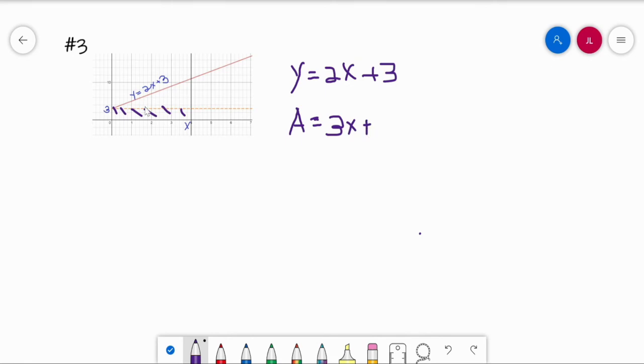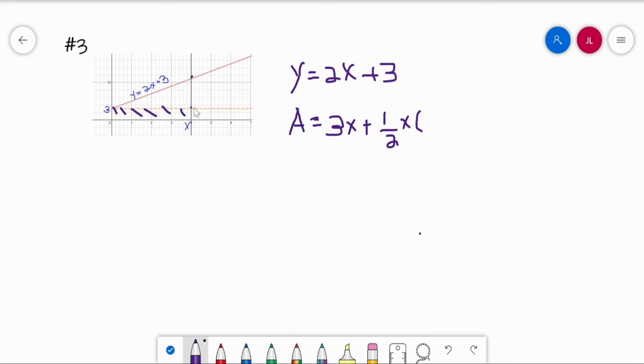And then we have a triangle at the top. And the base of the triangle is x, right? It's going to be 1/2 base times height, 1/2 x. And what's the height? That's the interesting thing here. So this point up here, if the input is x, is 2x plus 3.